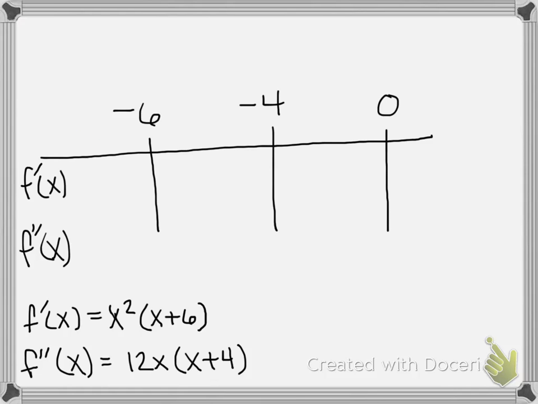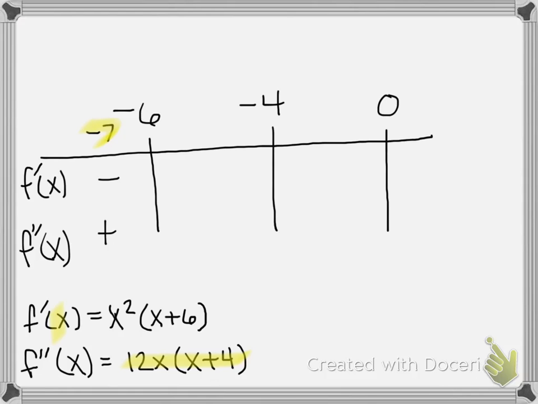So just pick like negative 7, and you'll plug that in to the f prime for x, and so you should get a negative for that, and plug it into the f double prime as well. And as you can see down here below, when you plug that in for x, you end up with a negative times a negative, which gives you a positive.